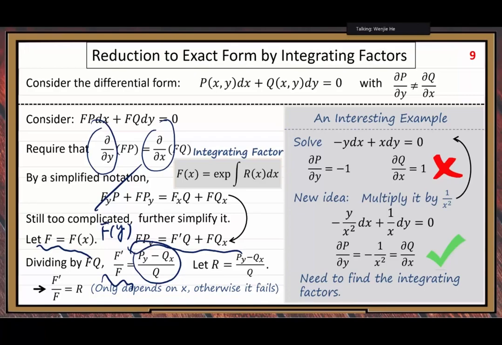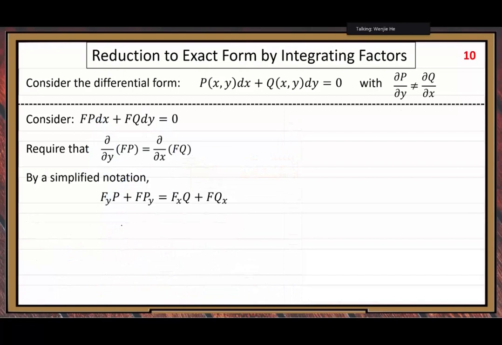So we get to this point. Here I want to talk about F being a function of y. In that situation, F sub x, this term is gone.